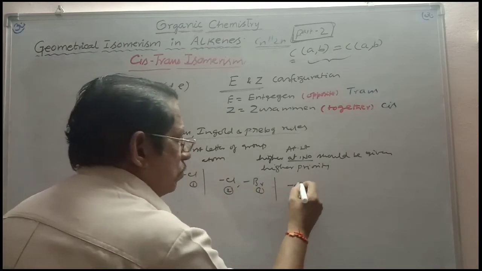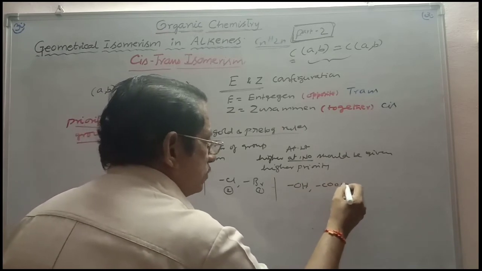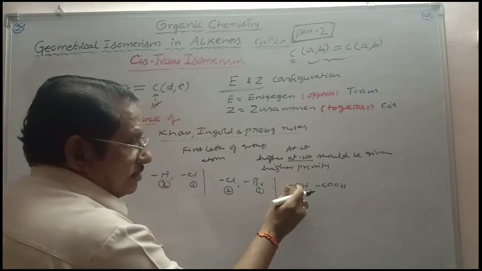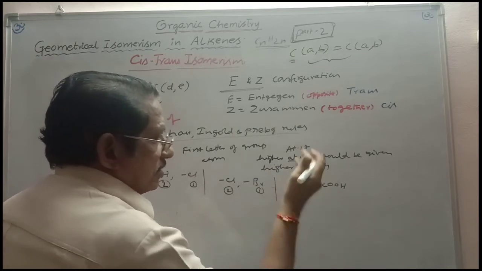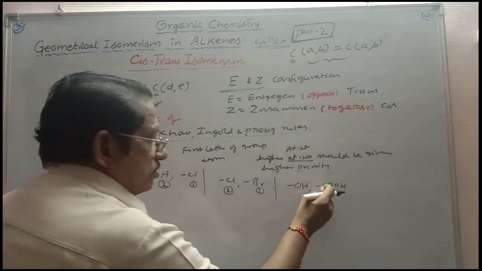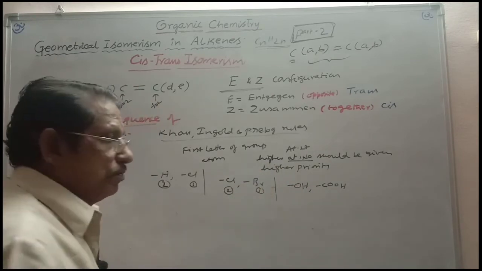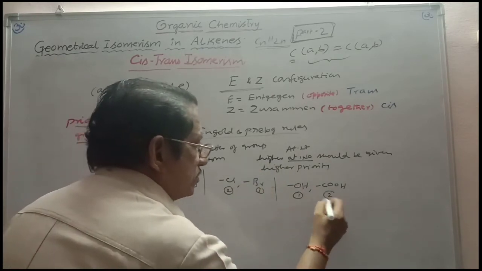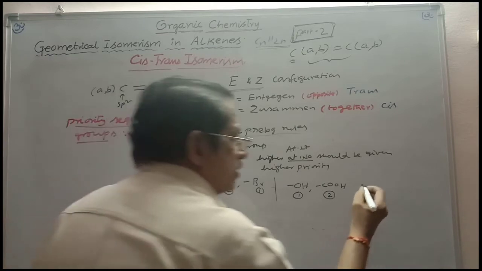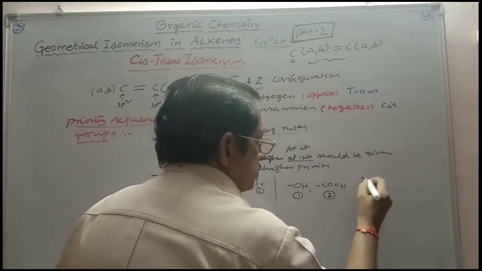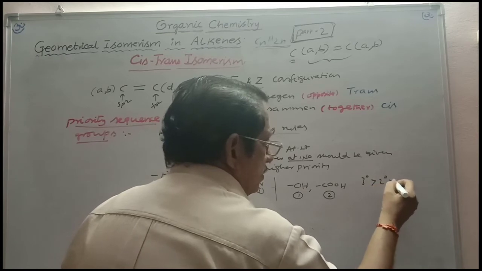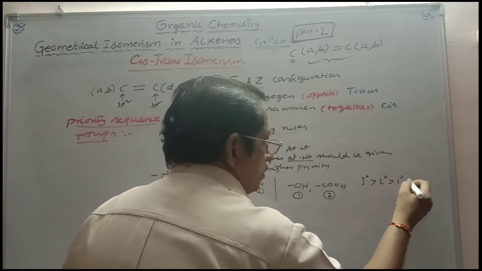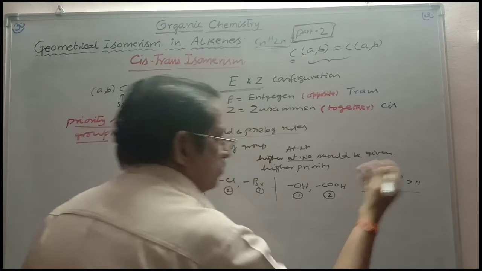Suppose there are OH and COOH. The atom attached directly to carbon is O in one, and in the other the carbon is attached to carbon. Atomic number is 6 versus 8, so first priority is OH, second priority is COOH. Similarly, tertiary alkyl gets more priority than secondary alkyl, then primary alkyl, then H. This is the priority sequence of the alkyl groups.